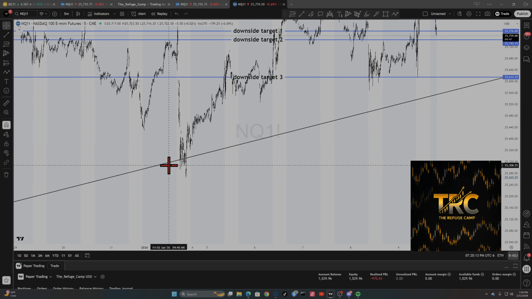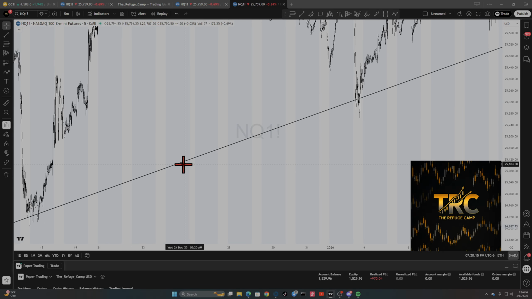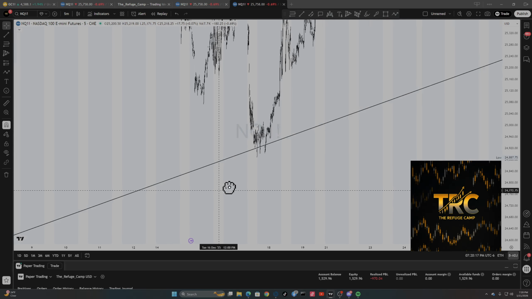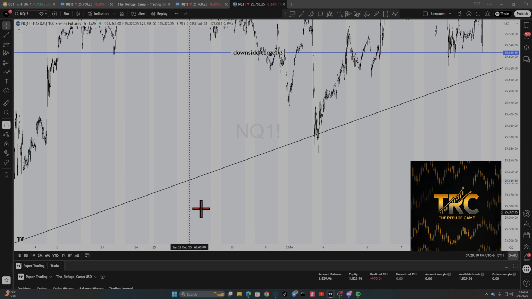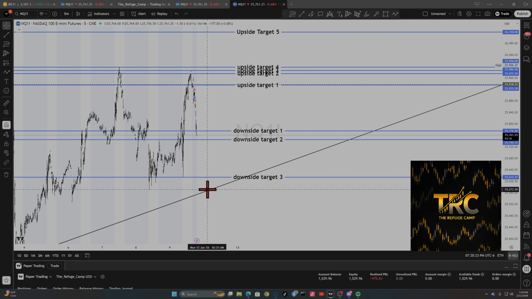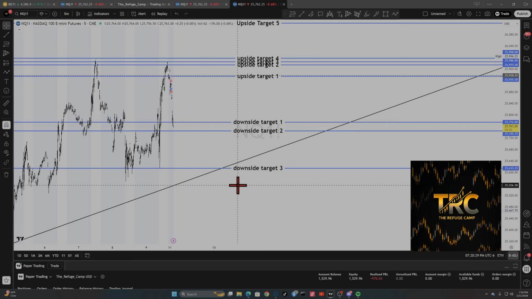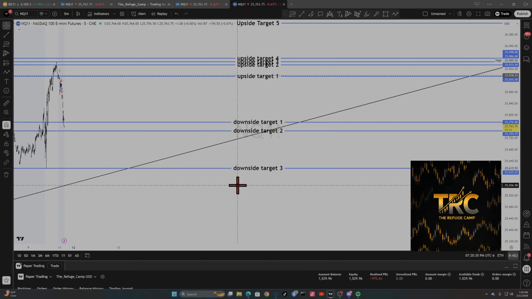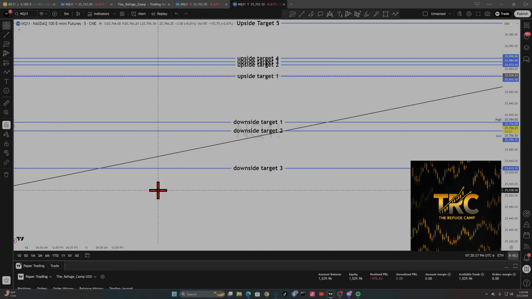It has been tested multiple times, right? So if it doesn't compress and break to the upside and I don't see a sweep and recovery, that to me is confirming a change in state of delivery in the market, meaning we have flipped from an overall bullish scenario to a high probability bearish scenario.